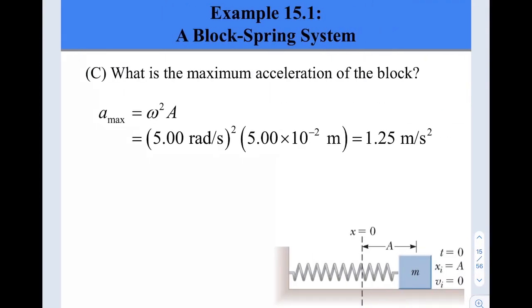Then see what is the maximum acceleration of the block. A max, supposedly initially, A max equals negative omega squared A cos omega T. So for this case, I believe that it is asking for the maximum magnitude of the acceleration.